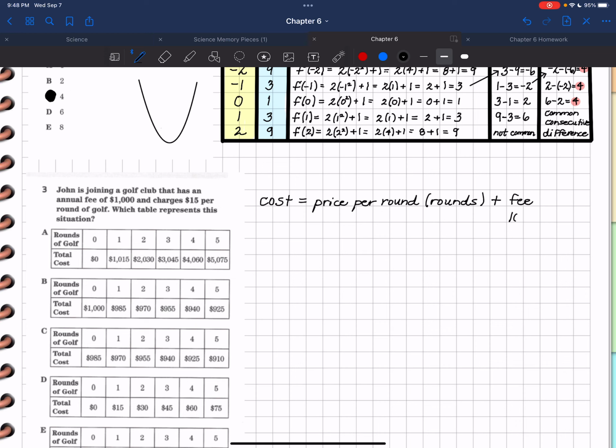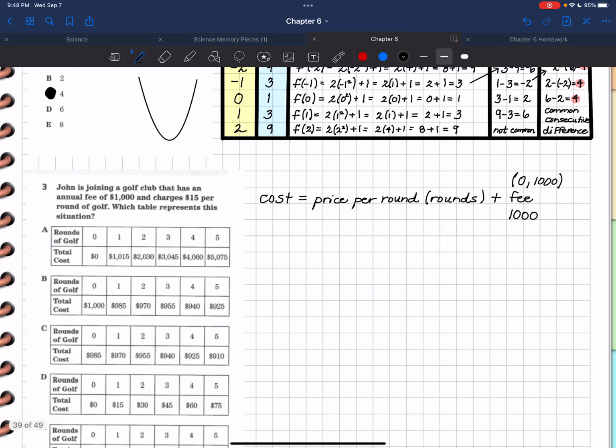And the fee is $1,000. So if you go to this golf club and you pay your $1,000 and you never play a game, you still owe them the $1,000. That's the y-intercept, guys. That's telling me that 0 games, you still owe $1,000.